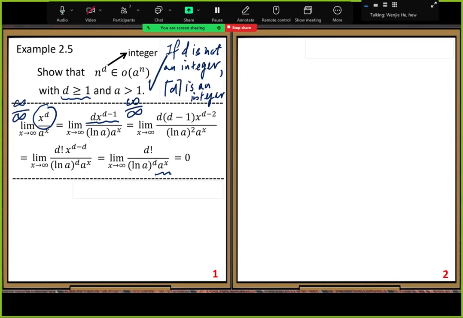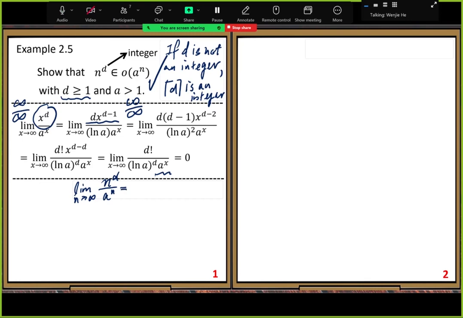In order to calculate the limit, so let me write. After I write this formula, you can see the new result immediately. Our goal is to calculate the limit, based on the little o notation. The meaning is its limit equals 0. So our goal, we want to calculate this limit, n to the d over a to the n.